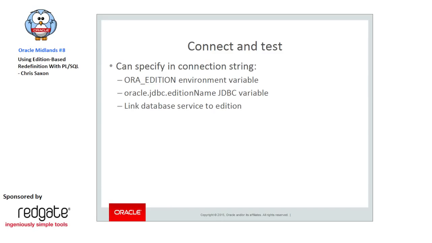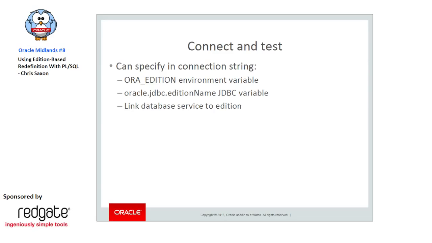Another approach, how many people here use database services for connecting? A handful, yeah. So there's a DBMS package you can also use, so you can specify which edition a service uses.